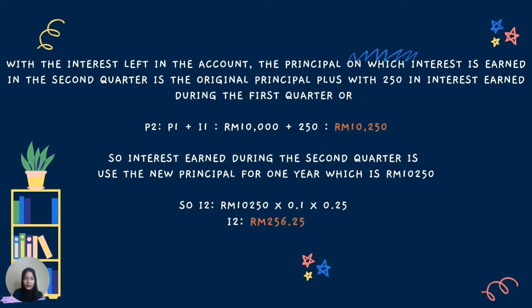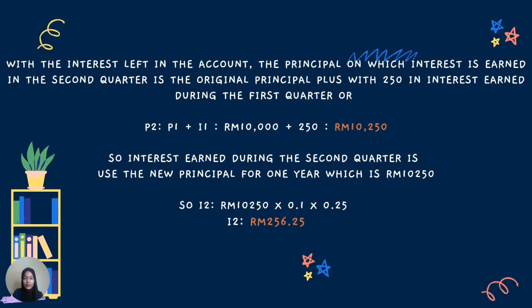With the interest left in the account, the principal on which interest is earned in the second quarter is the original principal plus the 250 in interest earned during the first quarter.